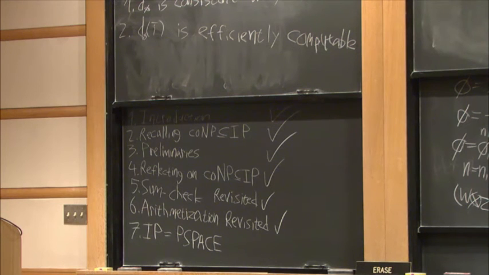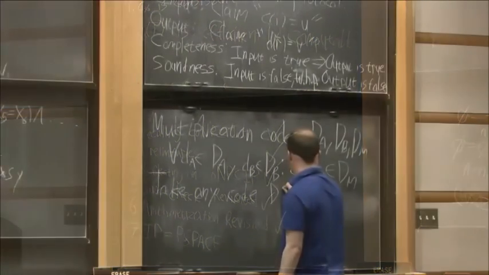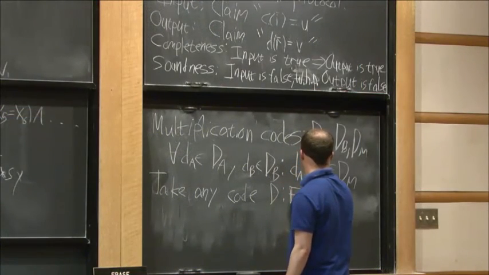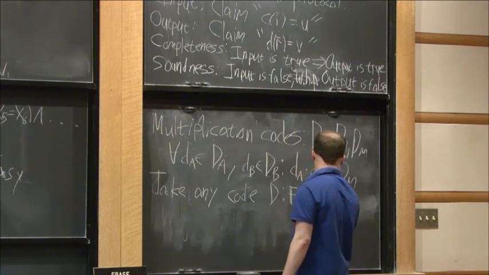So now, in order to construct those multiplication codes, take any code D from F to the k to F to the l.